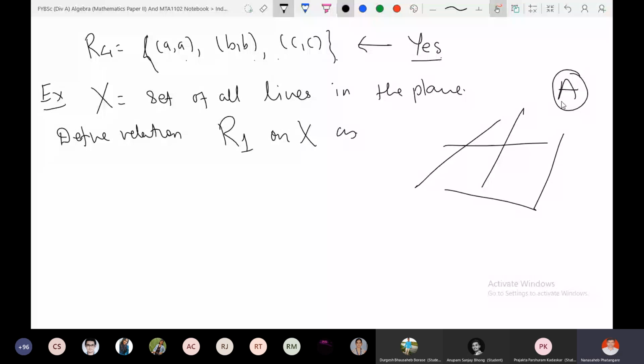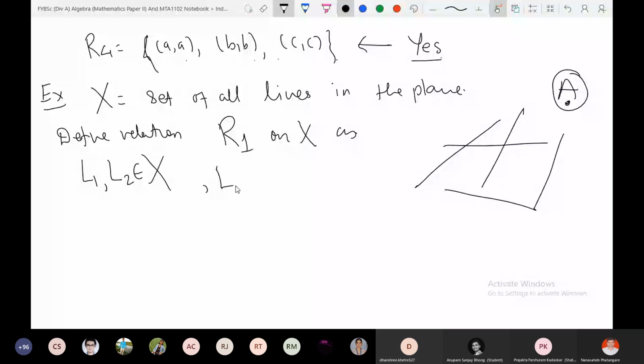Every student is an object. So when I choose objects, I should choose one student from that division. Similarly, my set is a set of all lines and I want to choose some objects. So what objects should I choose? Lines. So I will select two lines, L1 and L2, from this set.